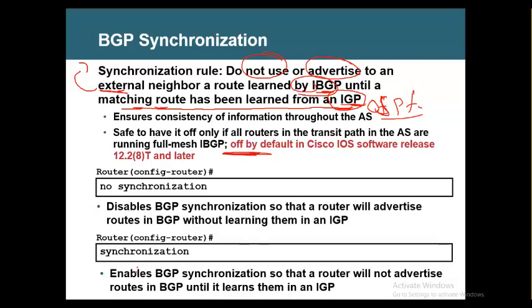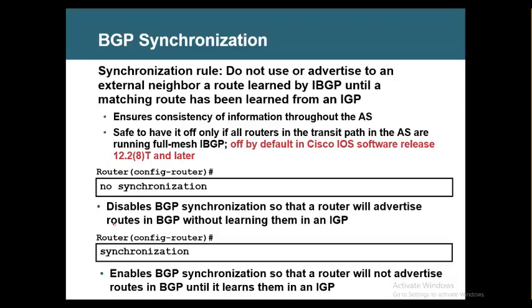Let me put it again in a simple way. If you want to advertise an IBGP learned route, you need to make sure the route that you are planning to advertise is also available in the OSPF database. If not, don't advertise to EBGP.